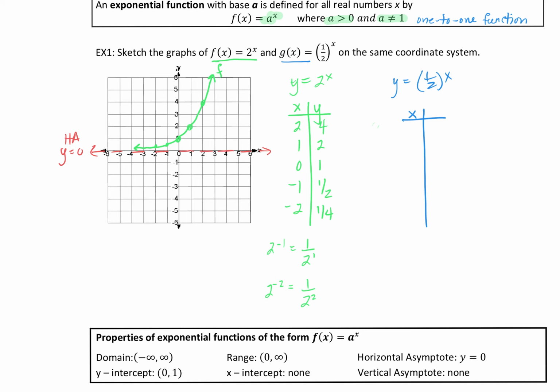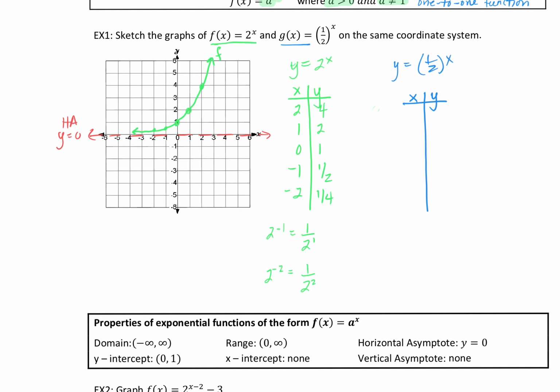So if we flip the base, we're actually going to be flipping the graph, and you'll see which axis we're going to flip it on. I'm going to do the same x values, 2, 1, 0, -1, -2. So 1/2 squared is 1/2 times 1/2, so that would be 1/4. 1/2 to the 1 power is 1/2.